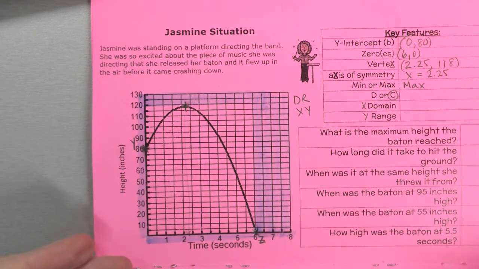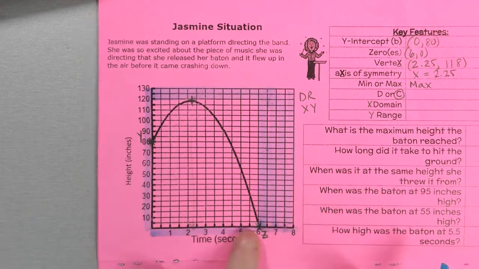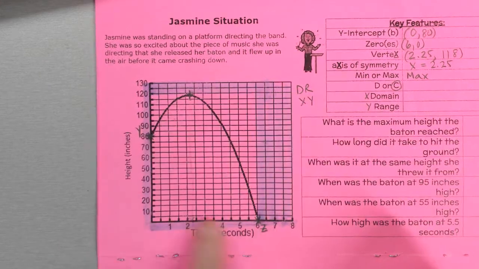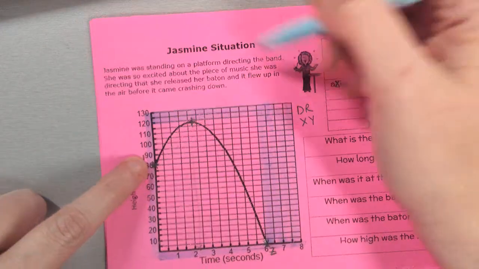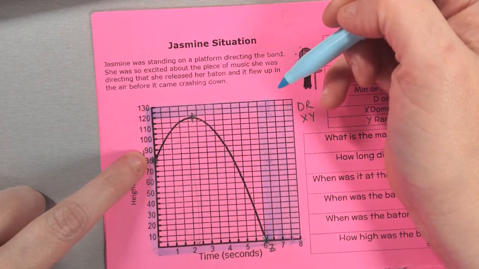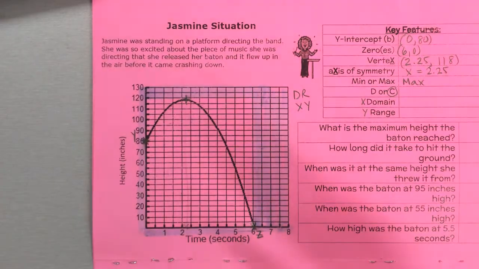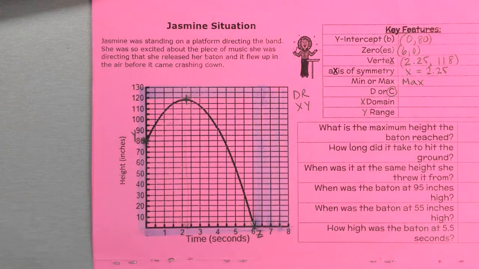When it hits the ground, is it going to burrow into the ground and just keep on going? No, it might bounce, but that's going to be the end of the baton's journey. It's not going to go any lower than 0 inches off the ground. So I can't have any values down here. We don't really even care about the situation until she throws the baton. So whatever happened back here in negative time, that doesn't matter either. So this right here is the only time that we care about.